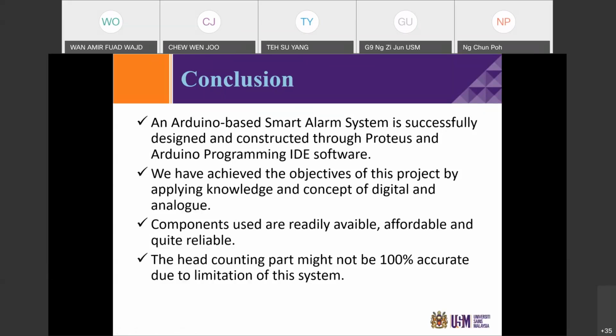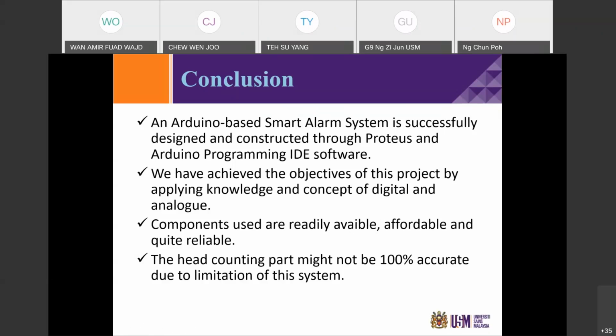Despite that, this project still has some limitations, like the infrared sensor might also sense other moving objects except humans, and this will lead to miscounting problems and hence affect the whole system. Thus, the head counting part can be said to be not 100% accurate.